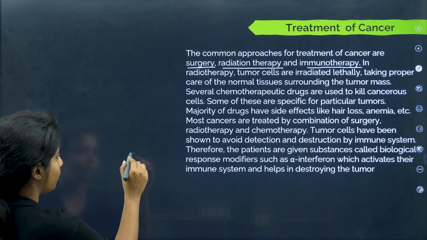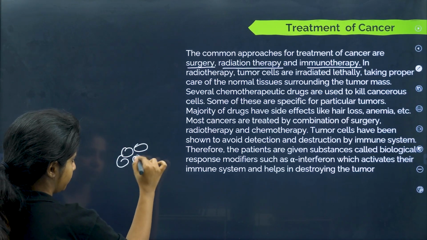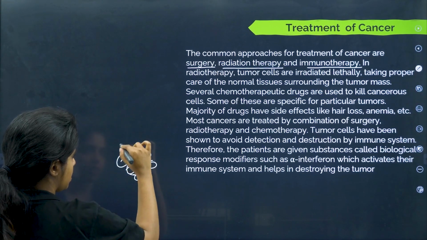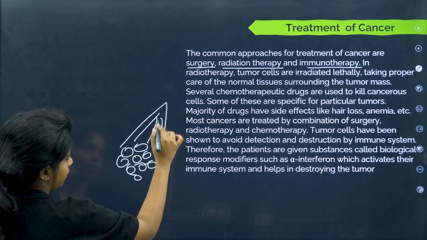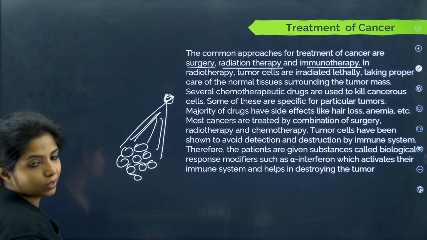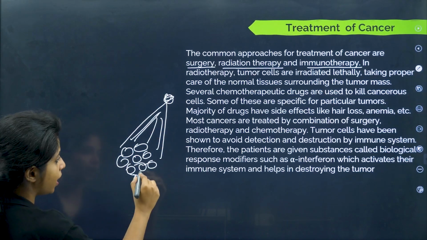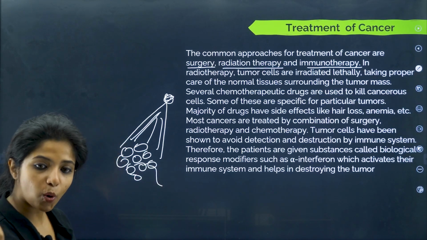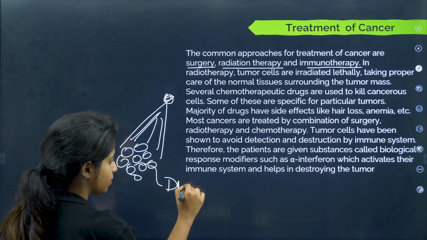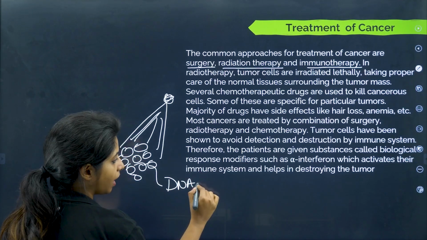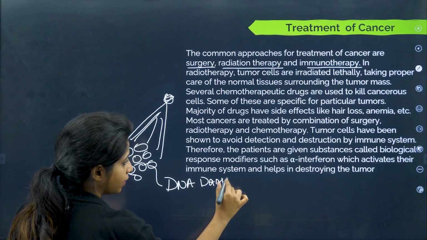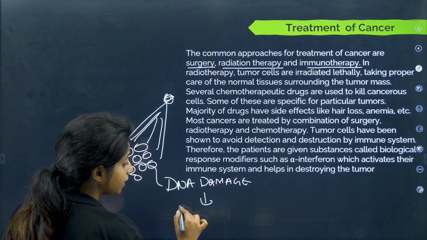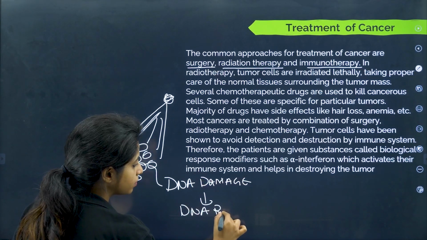Basically, the tumor cells are radiated, such that these cells would die. Why would they die? Because already they have lots of DNA damage, and their DNA repairing technique is poor.